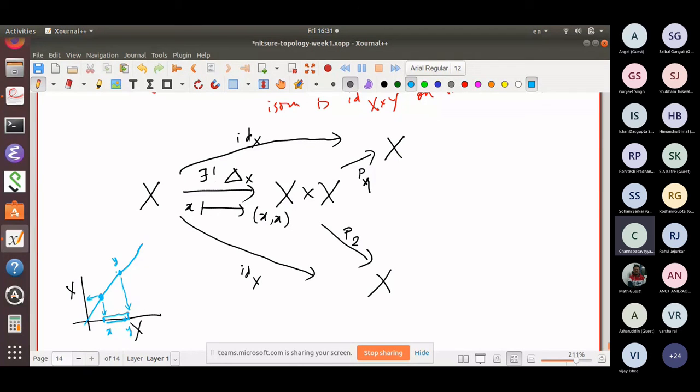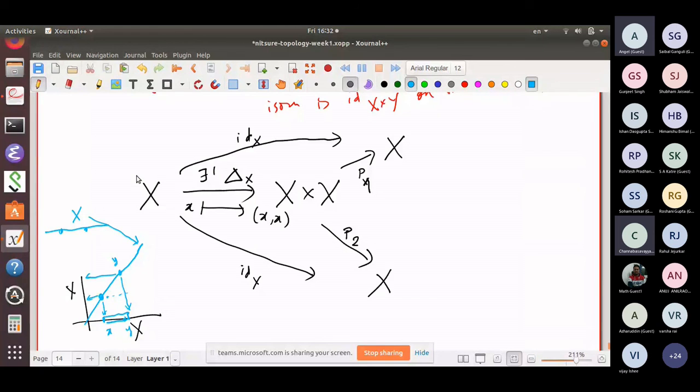X is mapping to this blue thing. And in x, there were 2 points, x and y. That distance has to be the same. If you give the Euclidean metric, this distance has increased. It has become √2 times the earlier distance. Clear? If I give the addition metric, it has become twice. Go this way plus go this way.